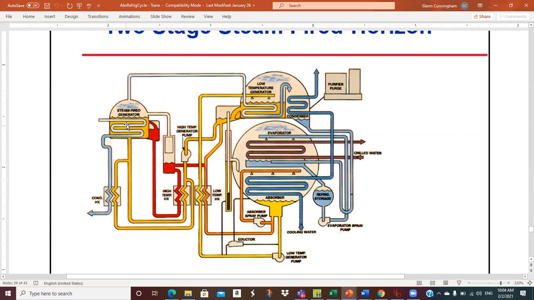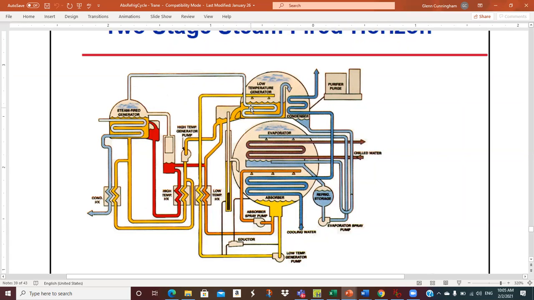The water is being boiled off, so we're making steam, just making higher pressure, higher temperature steam over here. This is the first generator, and it's going to go over to the second generator. This stuff is well up in the 300s. They don't give temperatures on this, but this is hot. This is hot, saturated vapor coming over here.